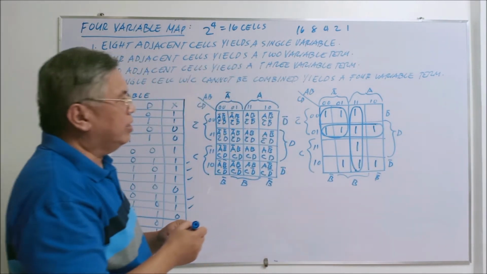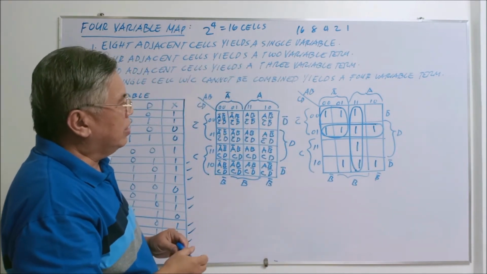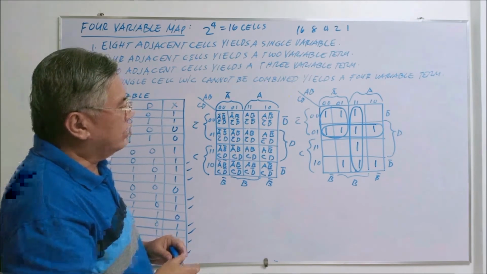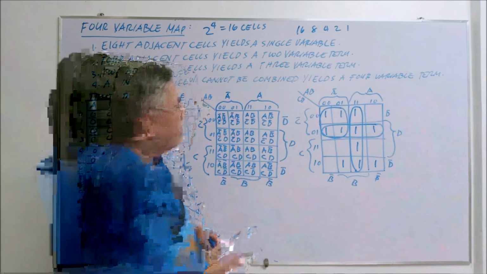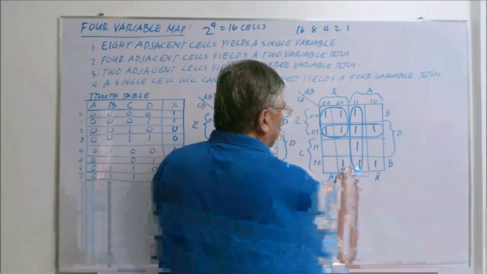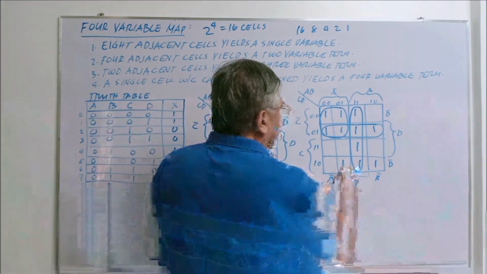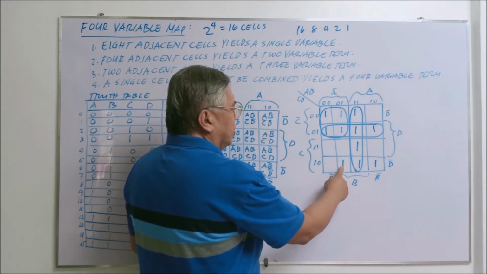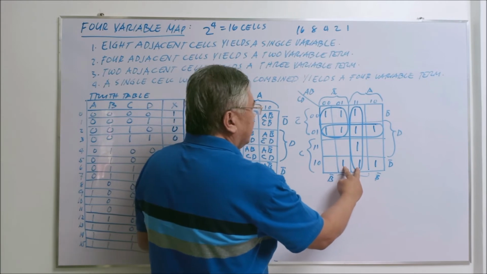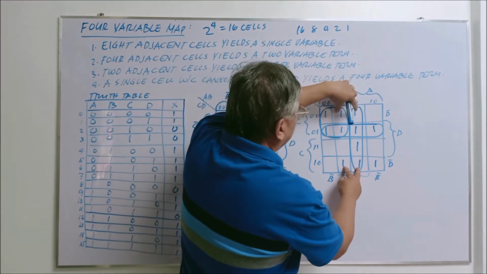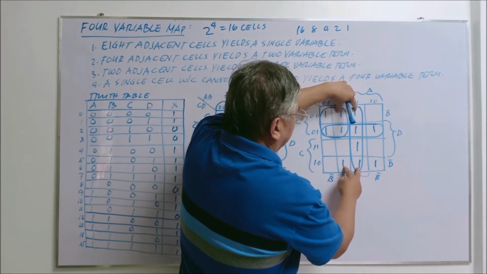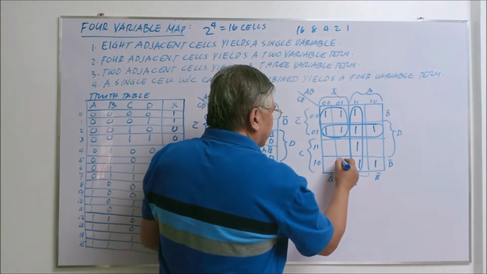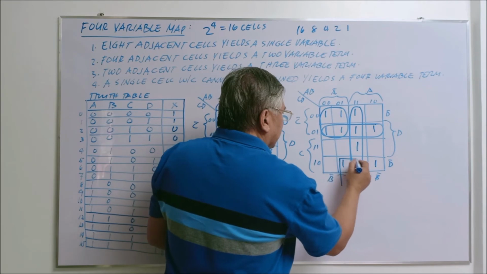Okay, and then is there any other 4 adjacent cells? This cell here is not yet grouped, which is adjacent to the cell and adjacent to these 2 cells here. Okay, so you still have 4 adjacent cells since this one here is not yet grouped.